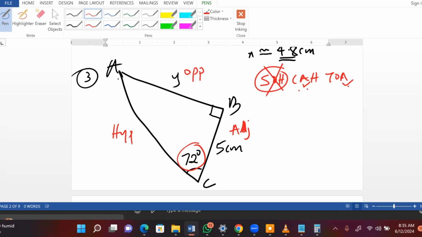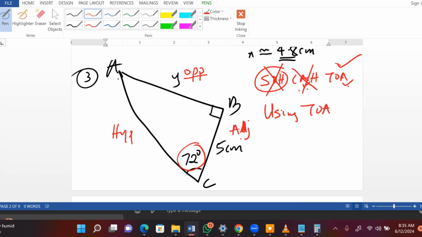And then we are looking for y, which is the opposite. So which one, is it CAH or TOA? That is TOA. So you are making use of TOA.